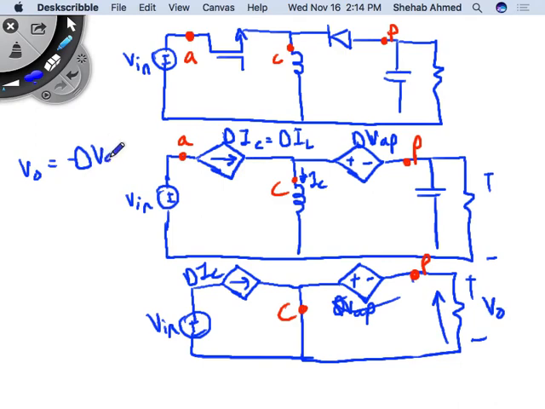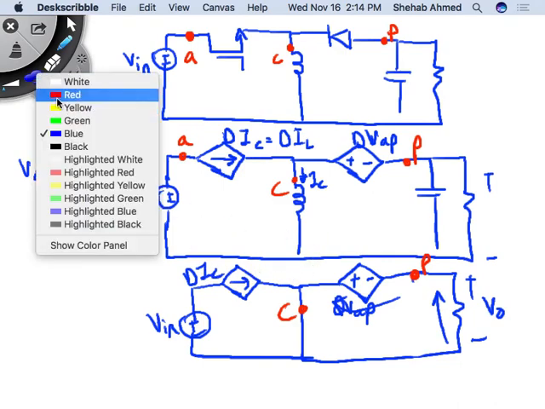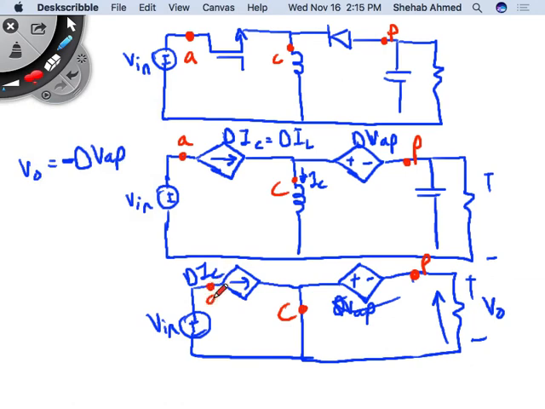What is the voltage VAP? The A is here. In the buck, it was the input voltage. In the boost, it was minus the output voltage. How about here? Exactly. It's the Vin minus V out. So V output is equal to minus D times Vin minus V out.